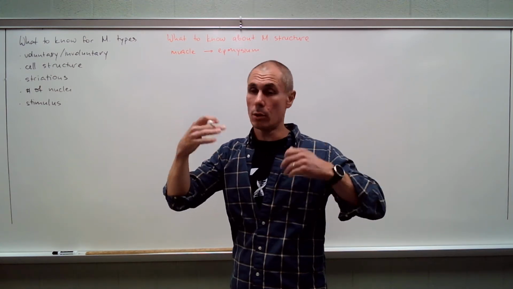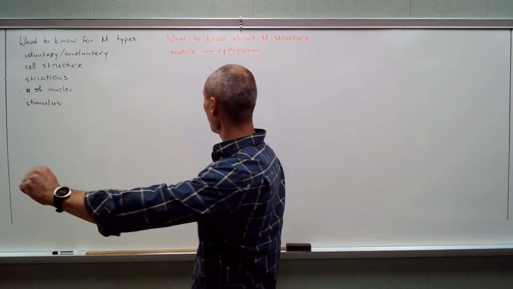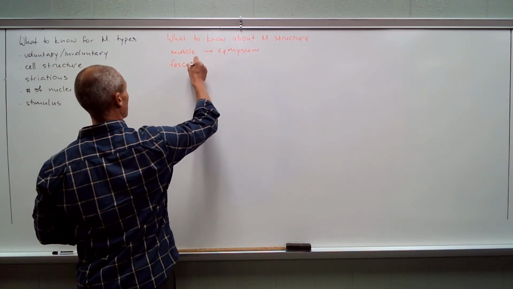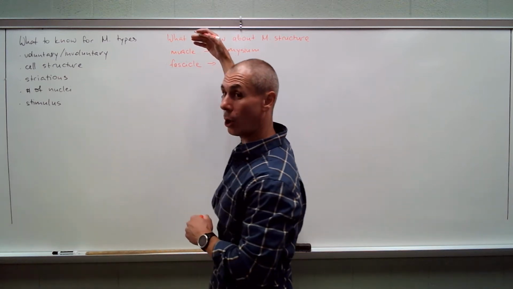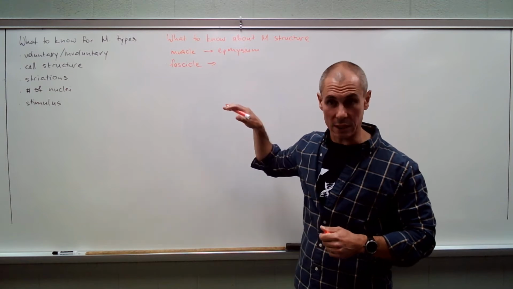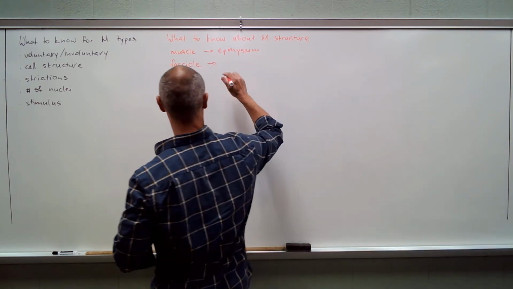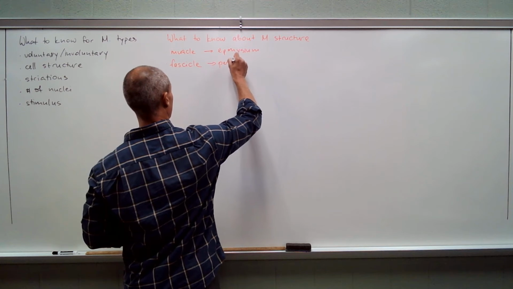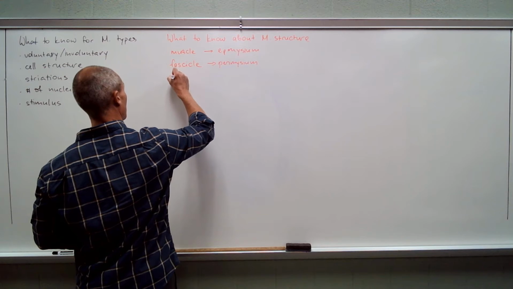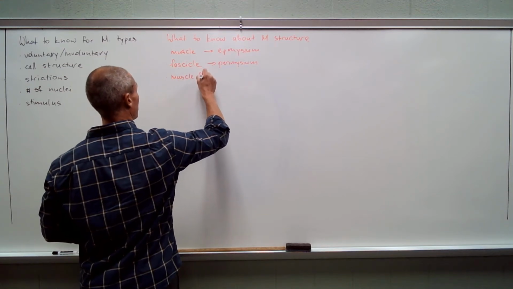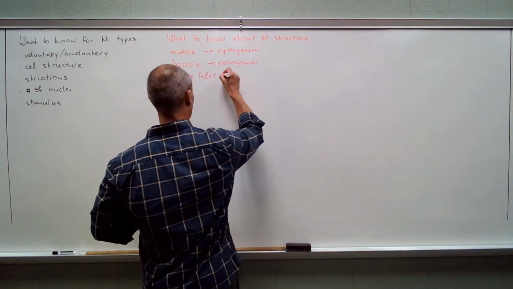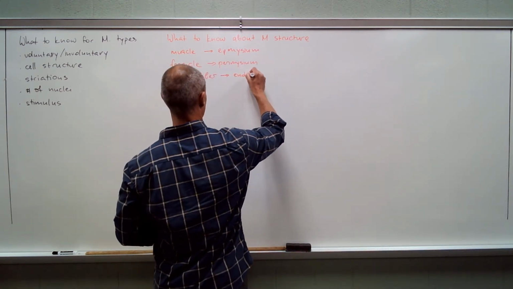Muscle as a whole, like your biceps or triceps, consists of multiple fascicles. I'm going from the biggest level to smaller and smaller. Fascicle is surrounded by perimysium, and then muscle fiber, which is essentially the muscle cell, is surrounded by endomysium.